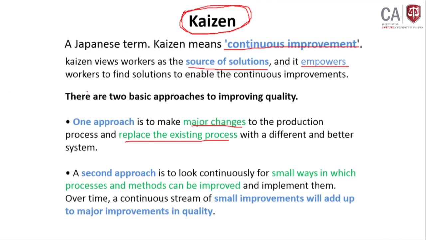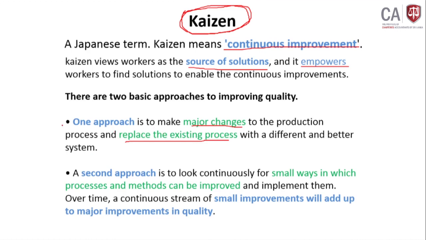The second approach is to look continuously for small ways in which processes and methods can be improved and implemented over time. A continuous stream of small improvements will add up to a major improvement in quality. What is this? Two things.